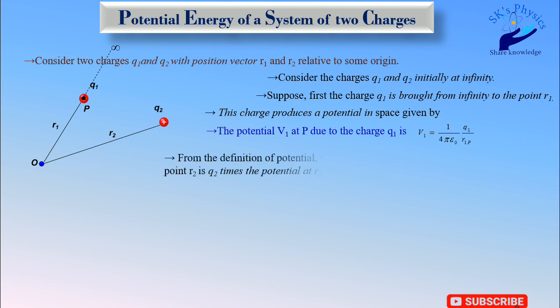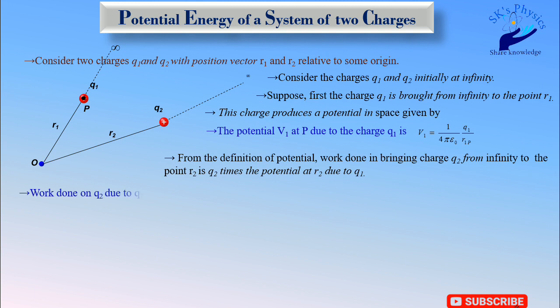From the definition of the potential, the work done in bringing charge Q2 from infinity to the point R2 is Q2 times the potential at R2 due to Q1, that means Q2 V1. The work done on Q2 due to Q1 is Q2 V1 = 1 upon 4 pi epsilon 0 Q1 Q2 upon R12, where R12 is the distance between points 1 and 2, Q1 and Q2.